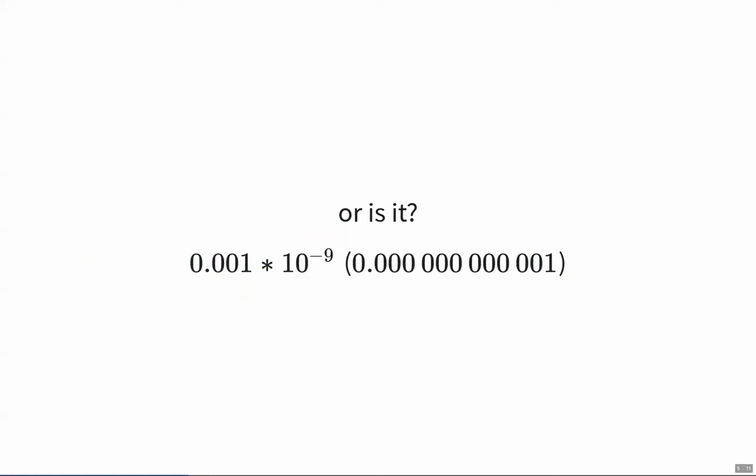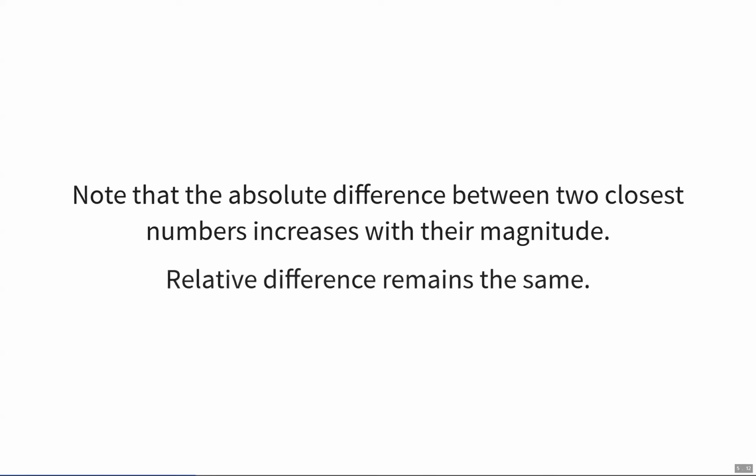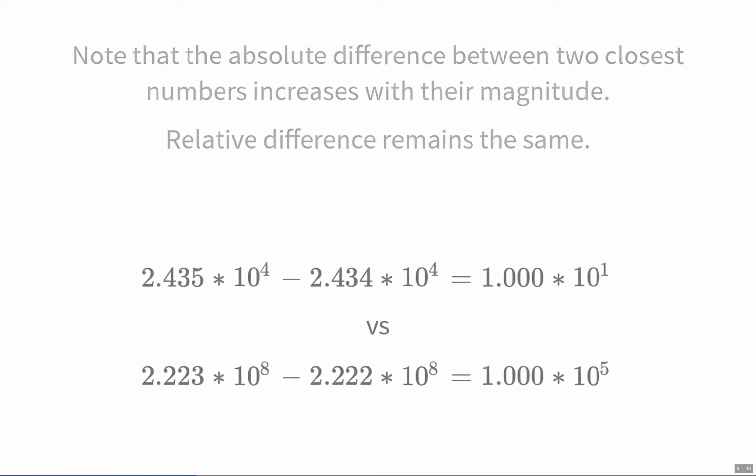but it can be broken, and these numbers are called subnormals. Now, notice that the absolute difference between the two numbers we can represent next to each other is increasing with the magnitude of the number. But the relative difference is always the same, give or take boundary conditions when we have to increase the power, right?